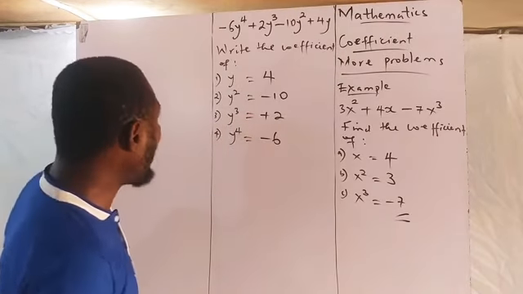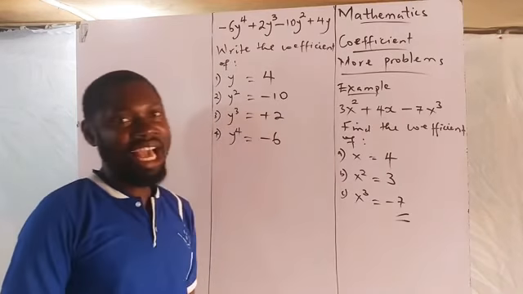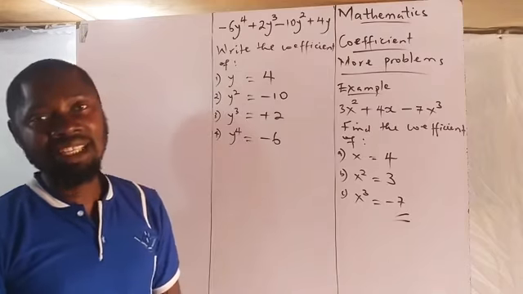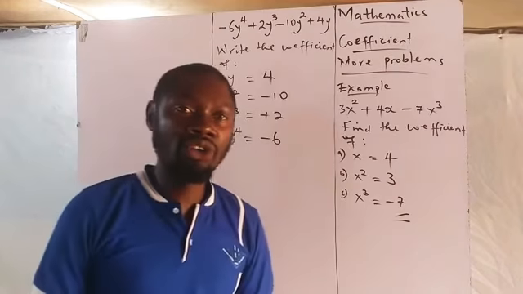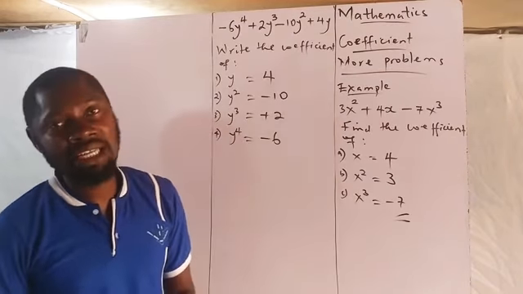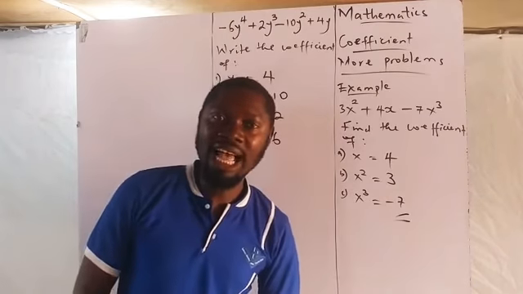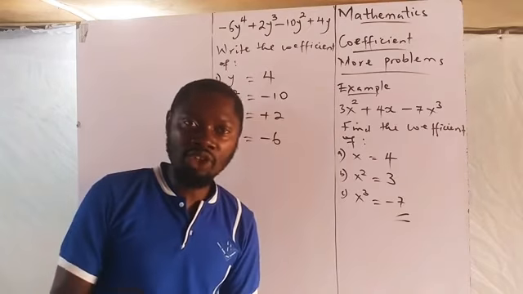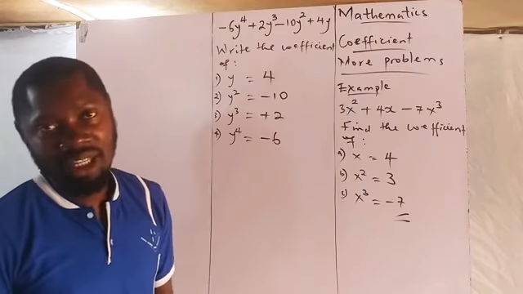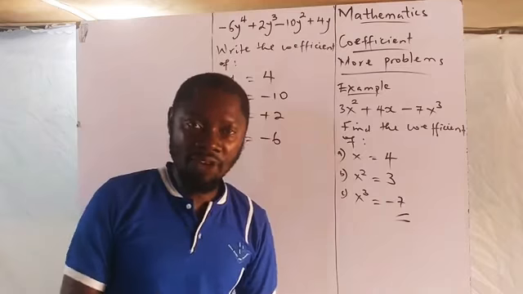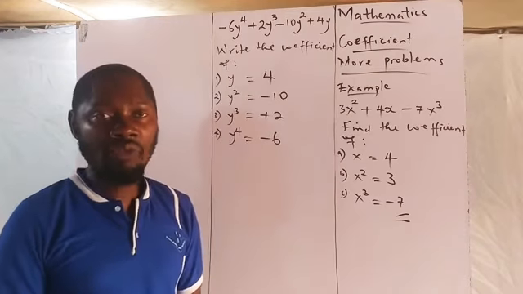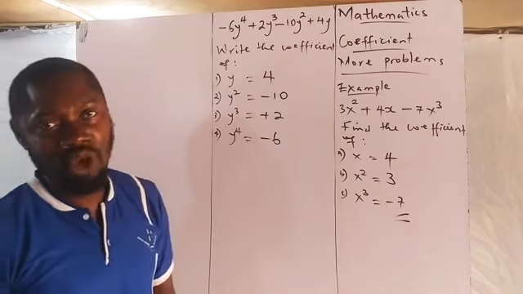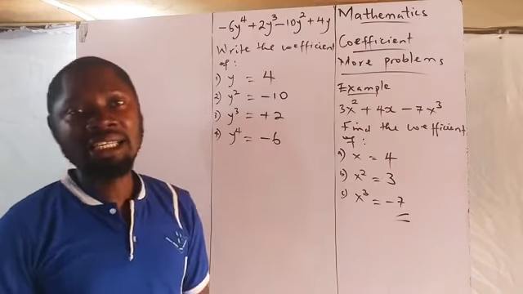If you're asked for the coefficient of x raised to power 7, go to where you have x raised to power 7 in your algebraic expression and write out the number attached to it. That number is called coefficient. So coefficient, I said, is a number that is attached to a letter by times.